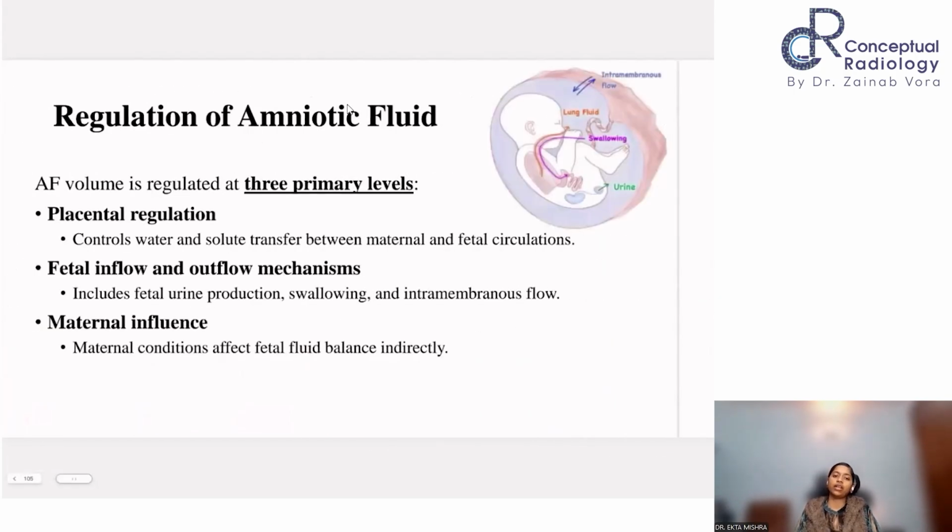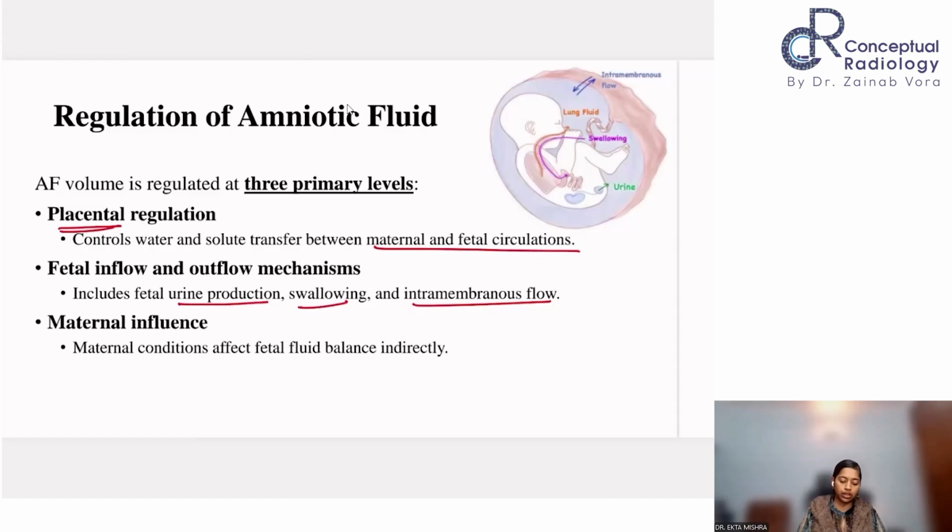And how is it regulated? It is regulated at 3 levels. The first is placental. So the placenta controls the amount of the solute and the water transfer between the mother and the fetus. So that acts as a barrier. Then you have the inflow and outflow mechanism from the fetus, including urine production, the baby swallowing the amniotic fluid, and the intramembranous flow.